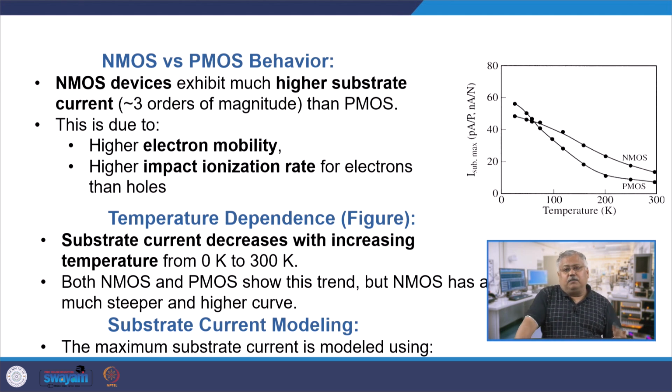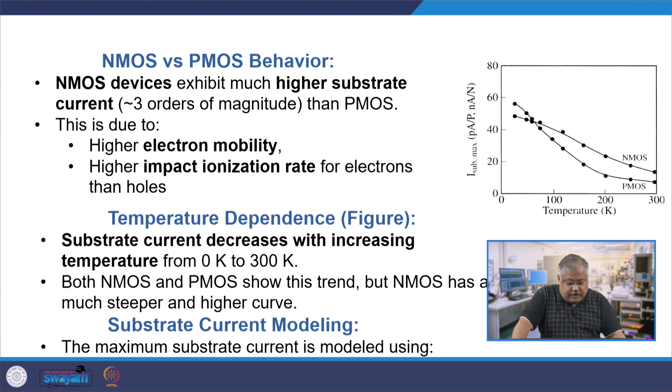You should understand one important point: once the electrons and holes are generated by impact ionization, they tend to separate out because of the electric field, but electrons, being of relatively lower effective mass, separate out earlier as compared to holes. So the holes lag behind in terms of formation.